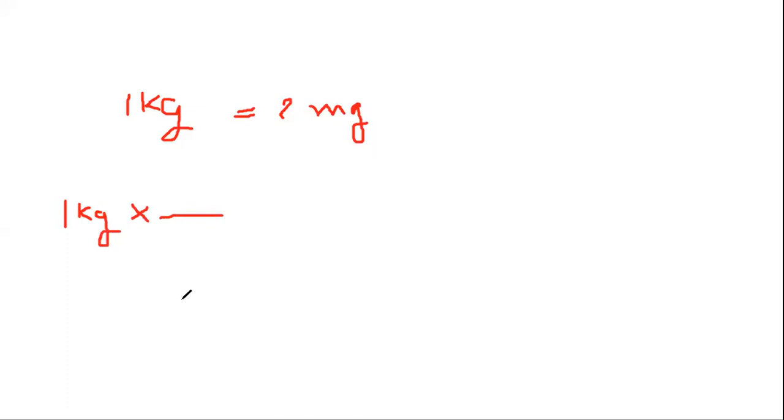So in all conversions, first we will convert kilogram to gram and then to the other unit, that is the milligram, because this is the easier approach, and I want you to know how you can convert one unit to another unit. So this is what I have done over here.